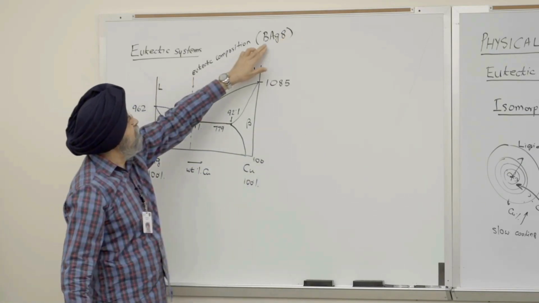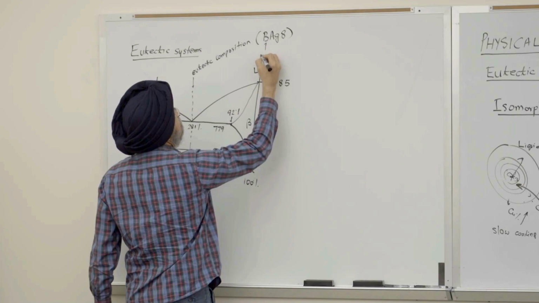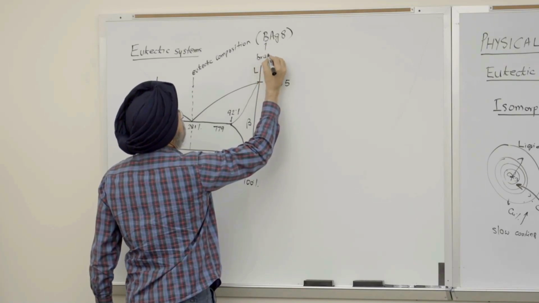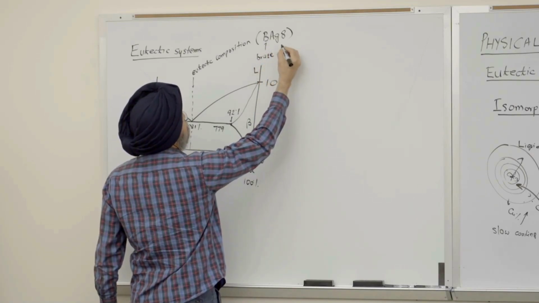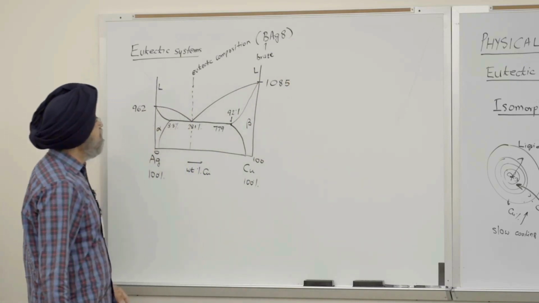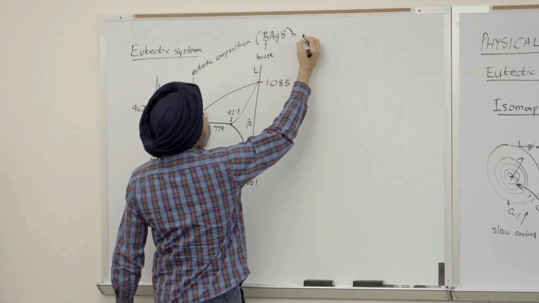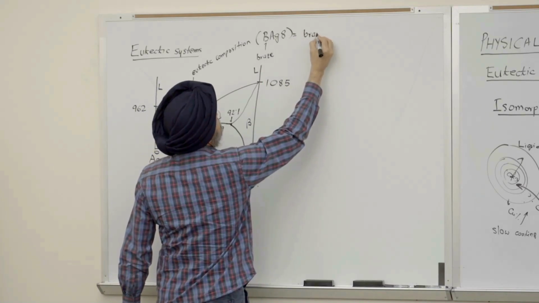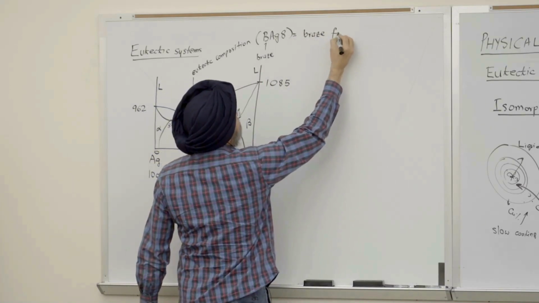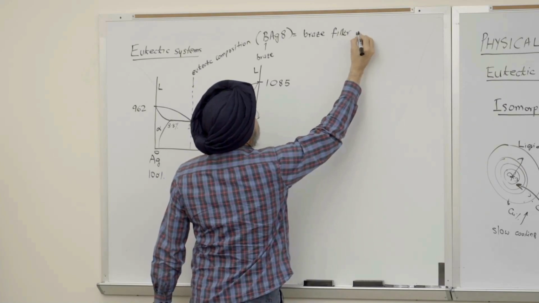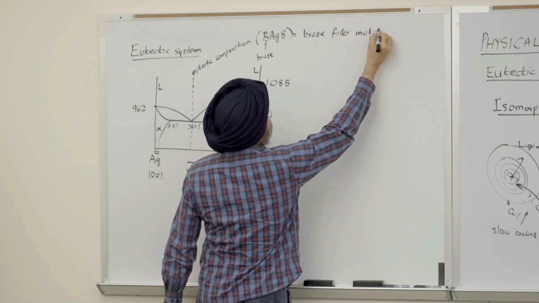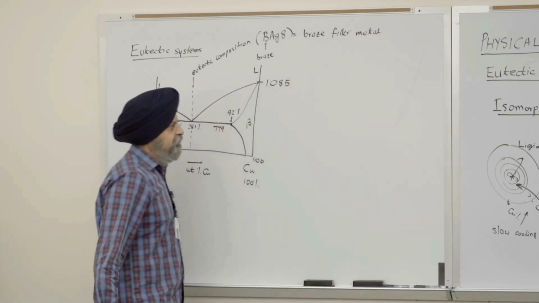So B stands for braze, AG for silver, and 8 is just a number. So we also call this braze filler metal. Even though it's an alloy, we call it a metal.